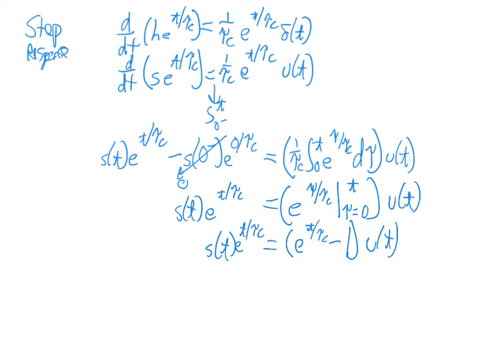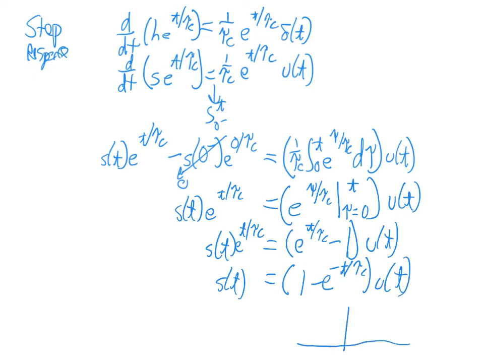Now I'll divide out by that integrating factor. And I have the step response: an exponential decay toward 1, that is 0 for negative t, and it has a time constant equal to tau c.